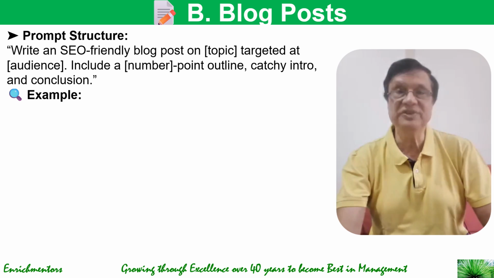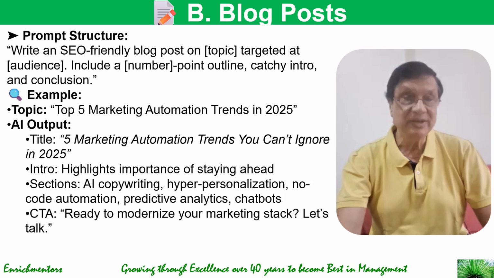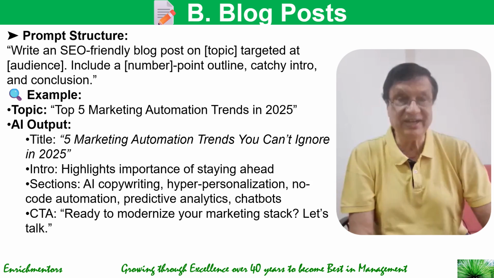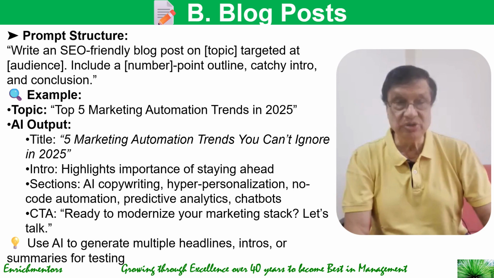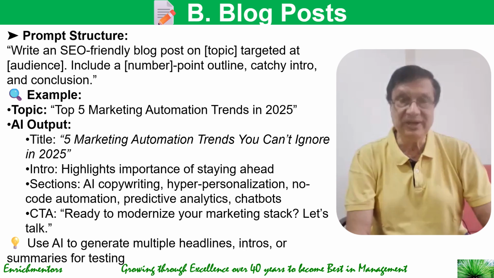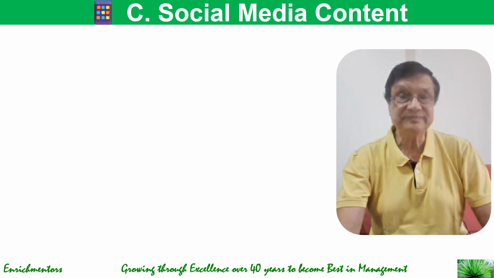And an example of this would be if your topic is top 5 automation trends in 2025, your output could look like this: a title, an intro, a section, and a CTA. And what you need to do is to use AI to generate multiple headlines, intros, or summaries for testing. So that's how blog post generation can be done.